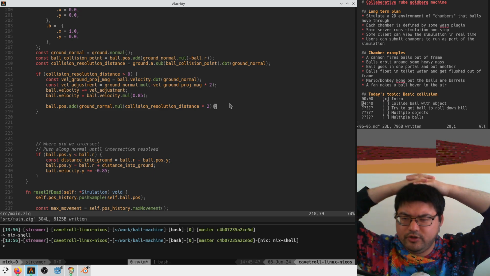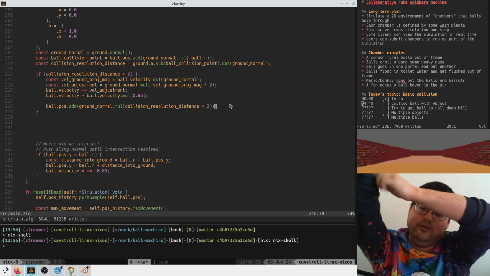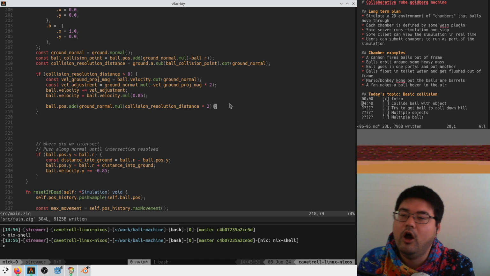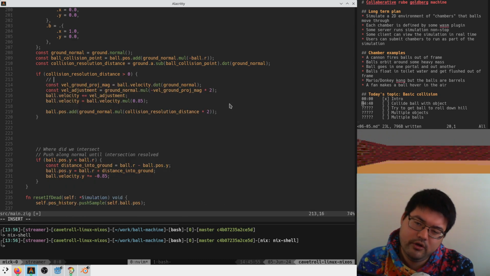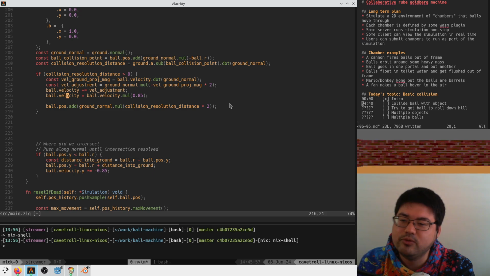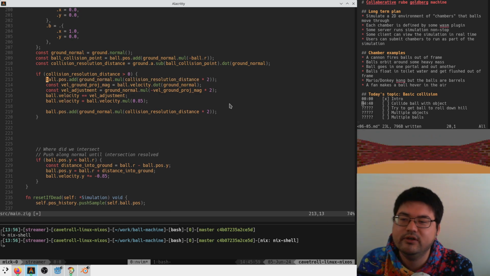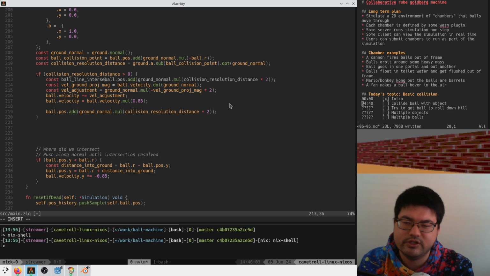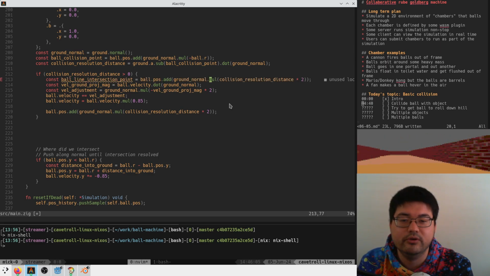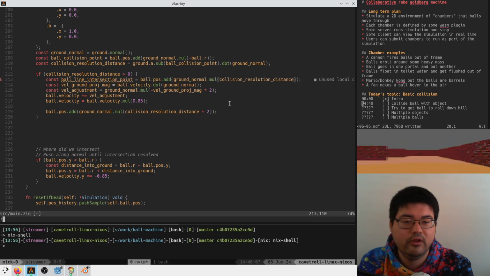Now, was there anything else we had to do here? Or are we just chilling? Oh, here we need to actually check, after we add this distance, if const ball line intersection point is equal to this.